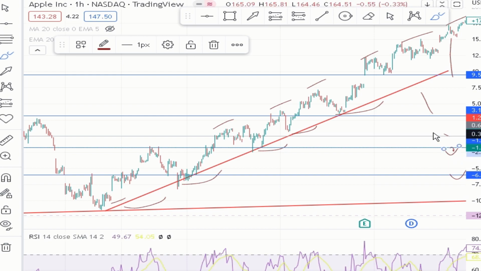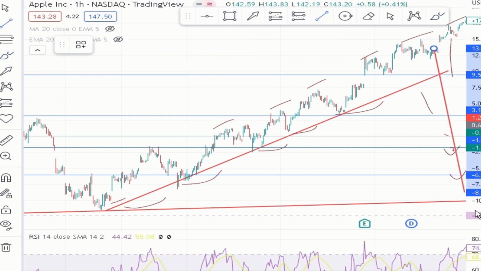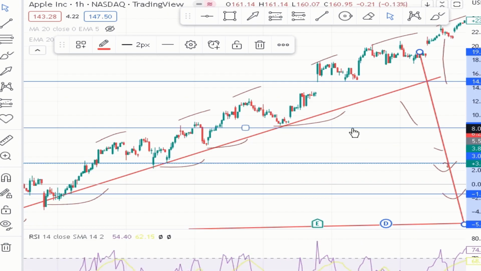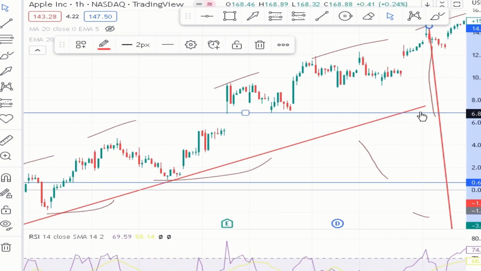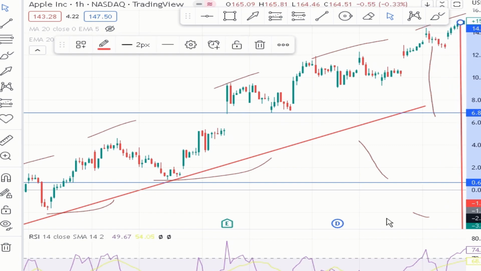I don't think so. Why? Because if the stock is already shifting this way, my assumption is the trend's already broken. So we don't have an uptrend anymore. This is already broken, right? I'm just giving you an example.